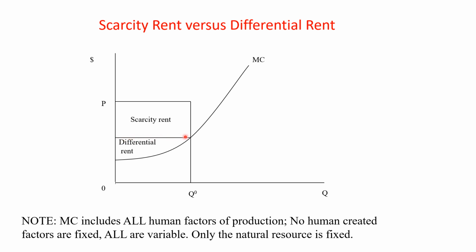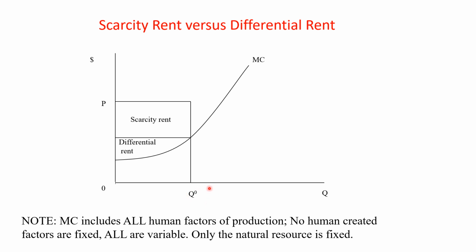So in the case of the farming, where quality of land determined the natural resource, the differential rent. In the case of von Thuenen, it was location, and location theory became big as a result. But here we're talking about something different, and that's scarcity rent. The scarcity rent occurs because some factor of production is limited.